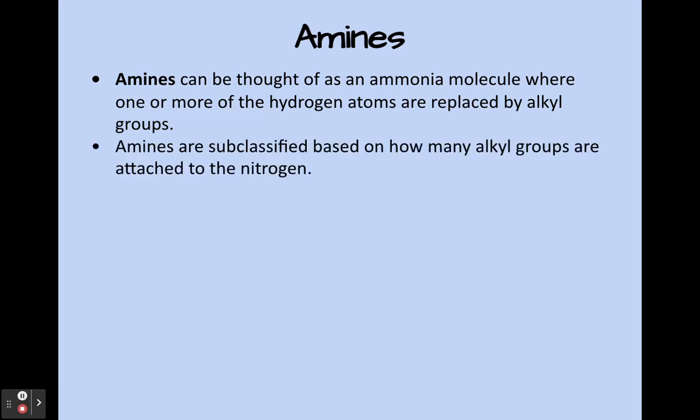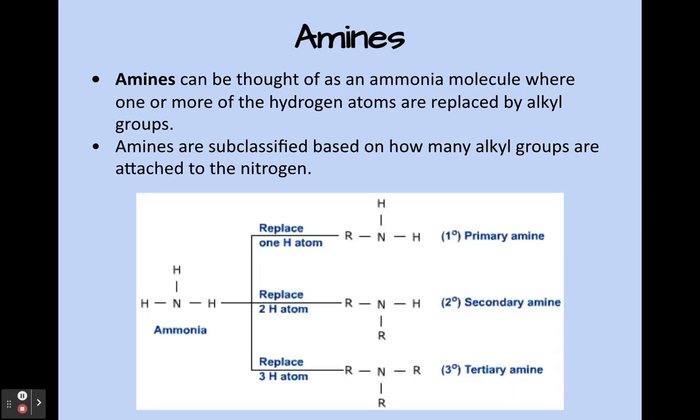Okay, and again, we can subclassify amines like we could alcohols, although the classification is slightly different. It's not based on the carbon that's attached to the nitrogen, but rather on how many alkyl groups are attached to the nitrogen. So if we think of it as ammonia, where we're replacing the hydrogens with hydrocarbon chains, right?